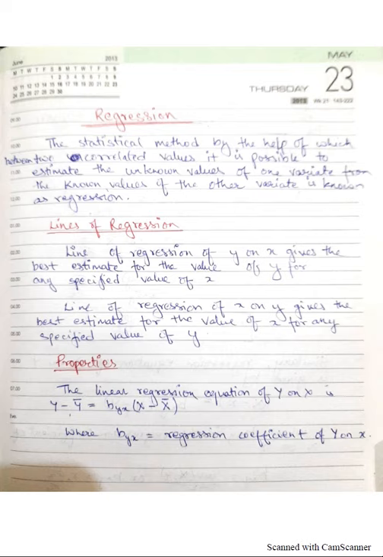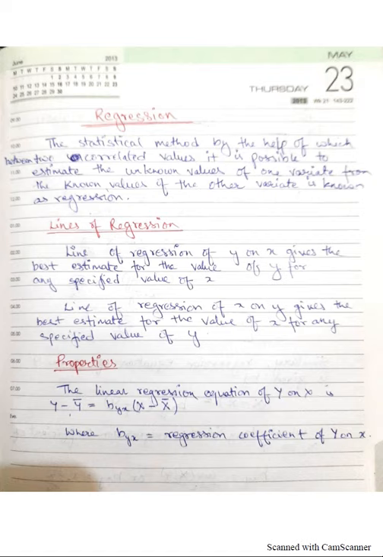Suppose there are two variables x and y, so we establish a relationship, obviously with the help of given data. We are given certain data of x and y. Using that we establish a relationship between x and y such that with any given value of x, we can estimate a corresponding value of y.